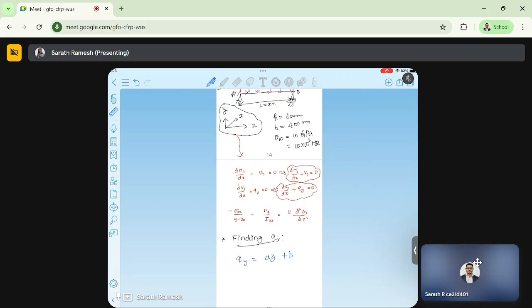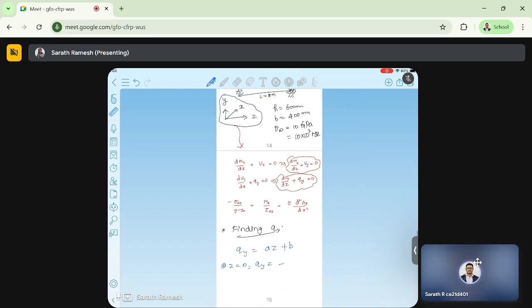At z equal to 0, qy equals what? Minus 5, right? 5 kilonewton per meter. So this implies my b will become minus 5.